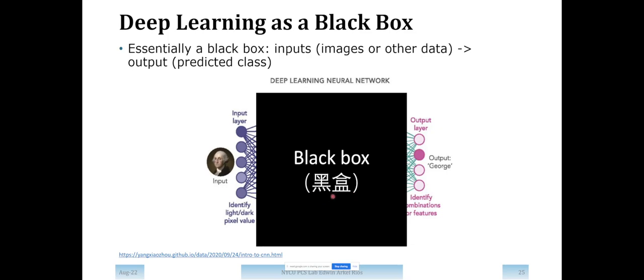So that can be a problem, and there's a lot of work on trying to explain what's happening inside of a deep learning model. But that's also something that you need to take into account. Basically, we put some inputs in and get some outputs, passing them through a black box. That's also another way of looking at deep learning.